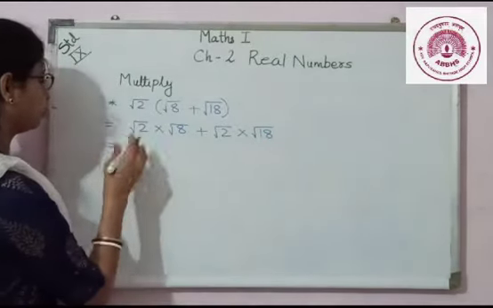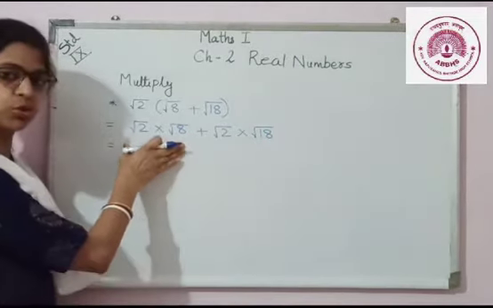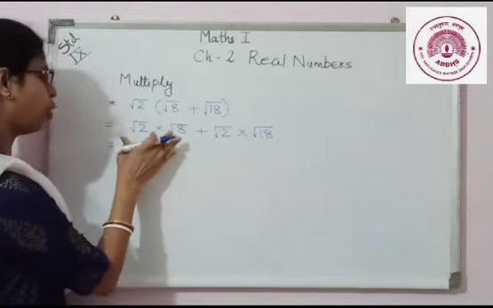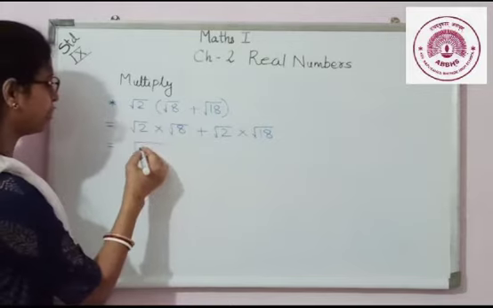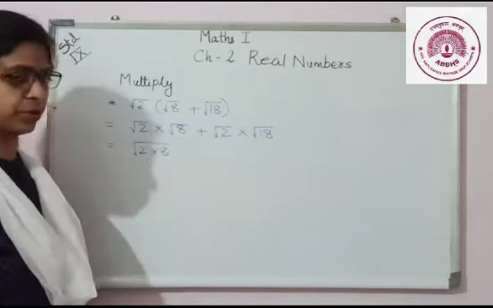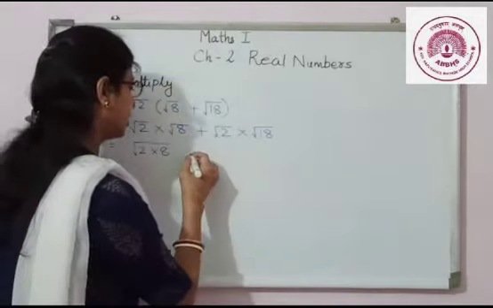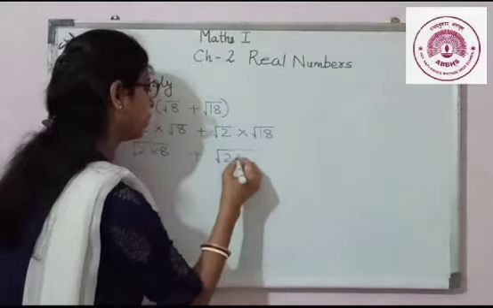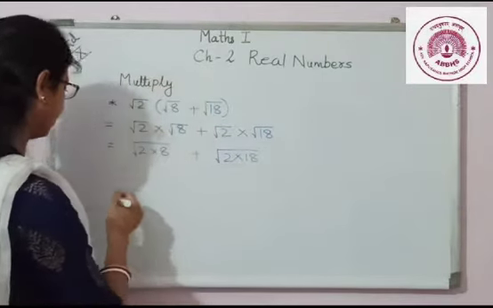Now we know how to multiply two surds, so we can take a single square root sign and multiply 2 and 8 inside the square root sign. Plus same we can do here, so square root of 2 multiplied by 18.